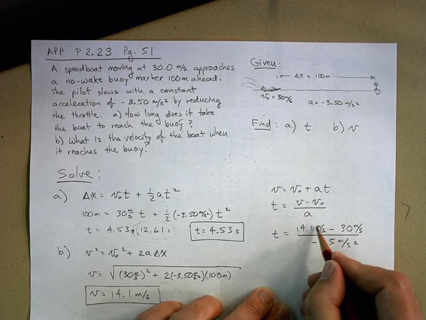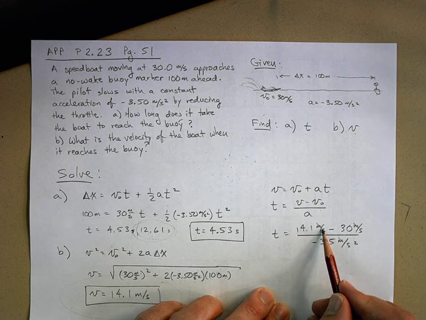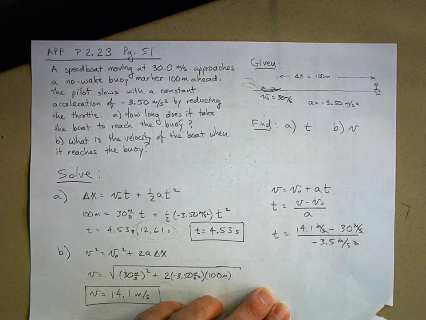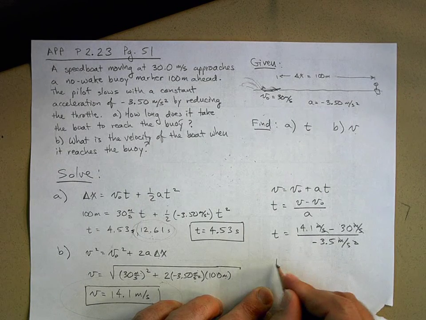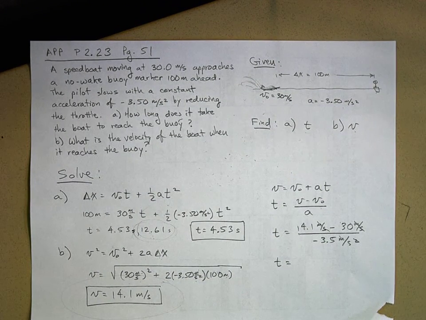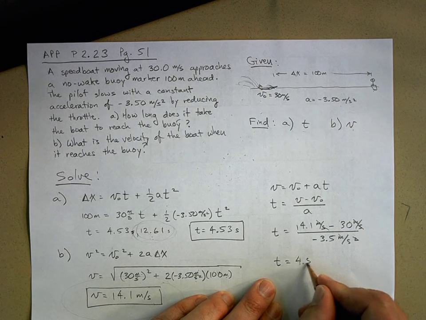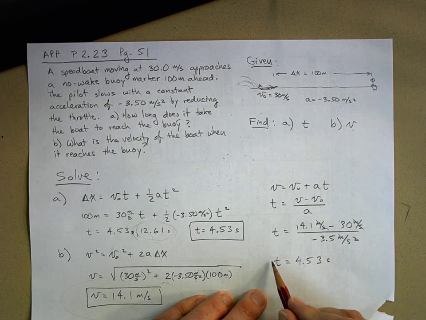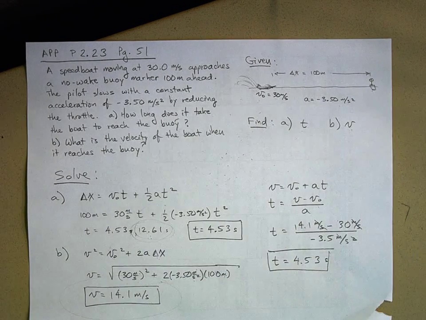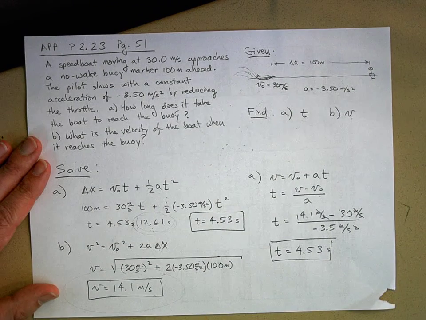And notice that the meters are in each term, so they cancel. The seconds on the bottom cancel, leaving 1 over seconds, so the units are compatible. So t would be, does that turn out to be 4.53? Okay. Seconds. So you could have done it this way for part A, and I'd give you full credit.